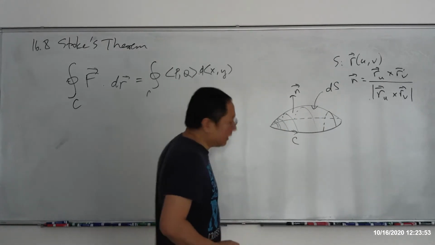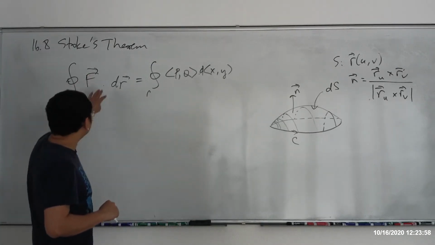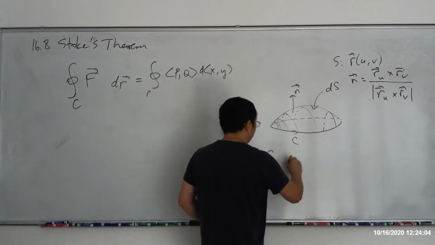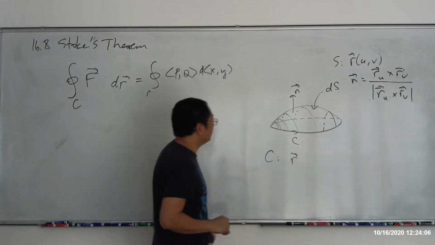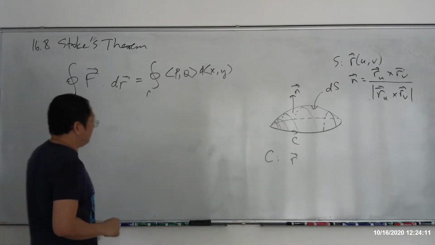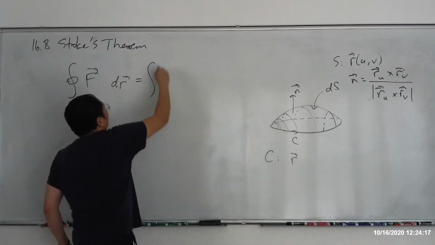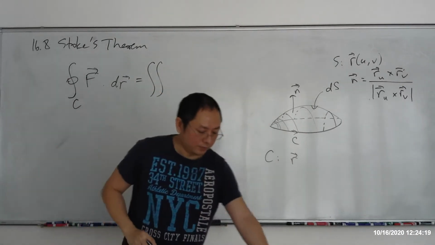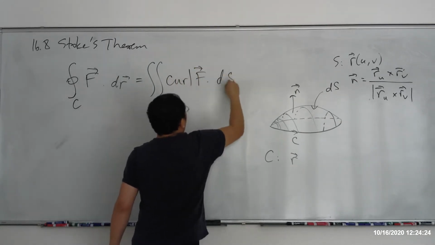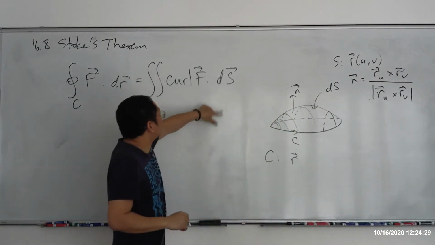The line integral of the vector field F dot dr along that curve, according to Stokes' theorem, like Green's theorem, will be equal to the double integral of curl F dot dS. This is the S that we're talking about right here.